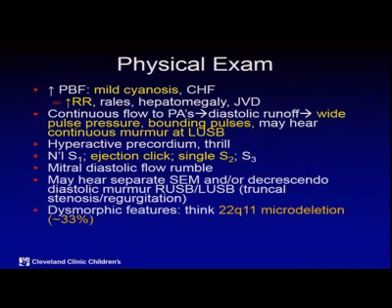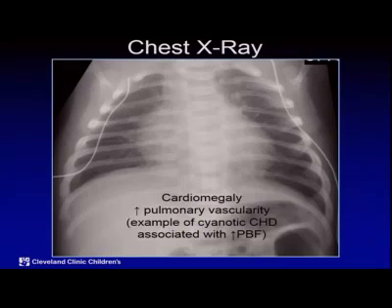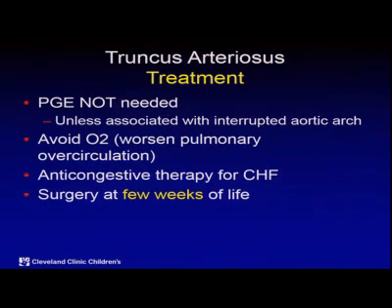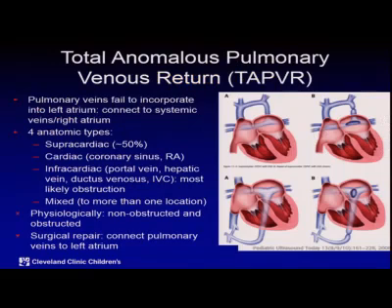And if they have dysmorphic features with truncus, think DiGeorge. Again, this is an example of cyanotic heart disease that actually produces increased pulmonary vascular markings. So you actually have increased pulmonary blood flow. You rarely need PGE for truncus arteriosus. Do not give them oxygen because it will make their pulmonary overcirculation worse. And you generally don't leave them for long, so you do surgery at a few weeks of life.